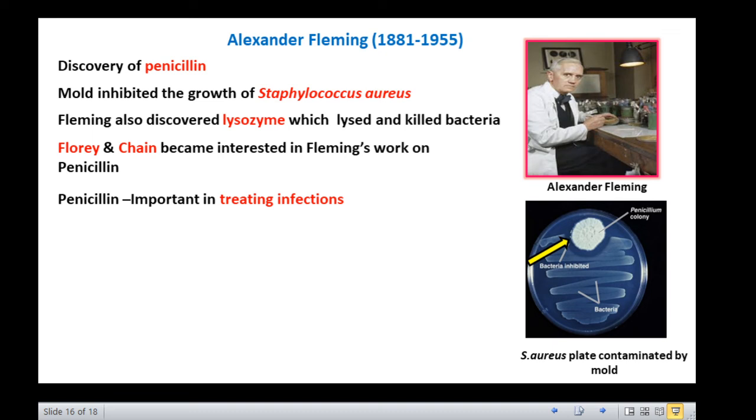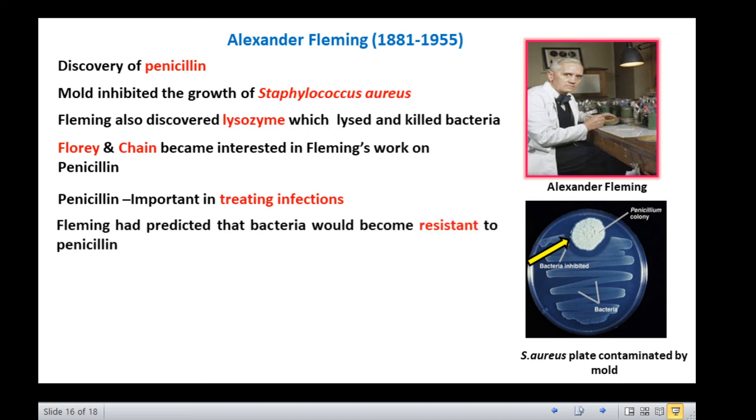The antibiotic eventually came into use during World War II, revolutionizing battlefield medicine.